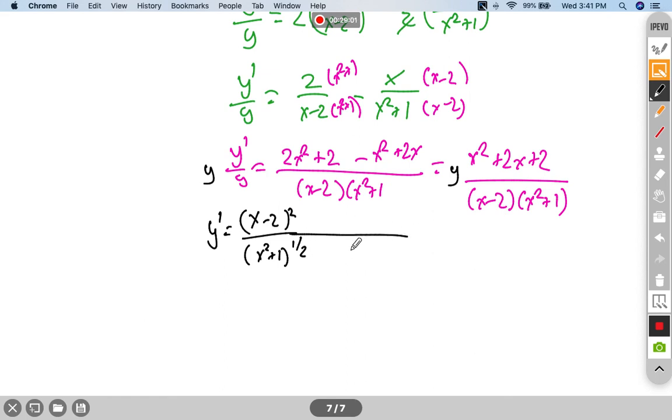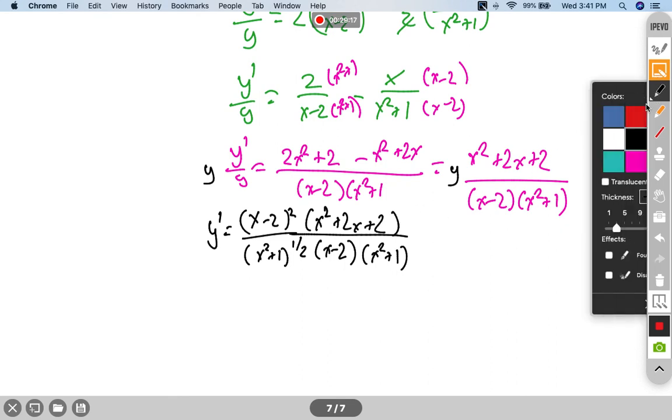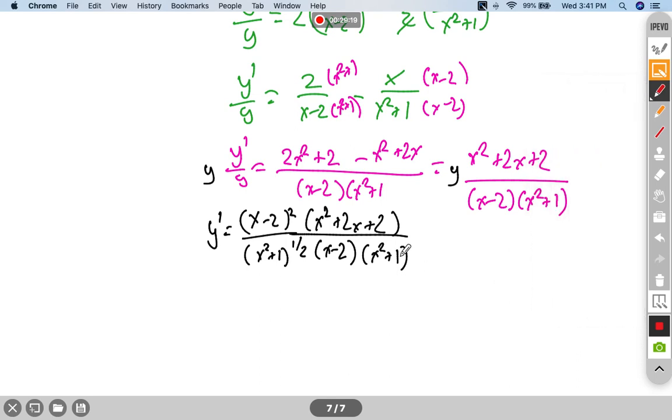And we're going to multiply that times x minus 2 times x squared plus 1. And up here we take that times x squared plus 2x plus 2. And x minus 2, one of those cancels. And those are both x squared plus 1s.